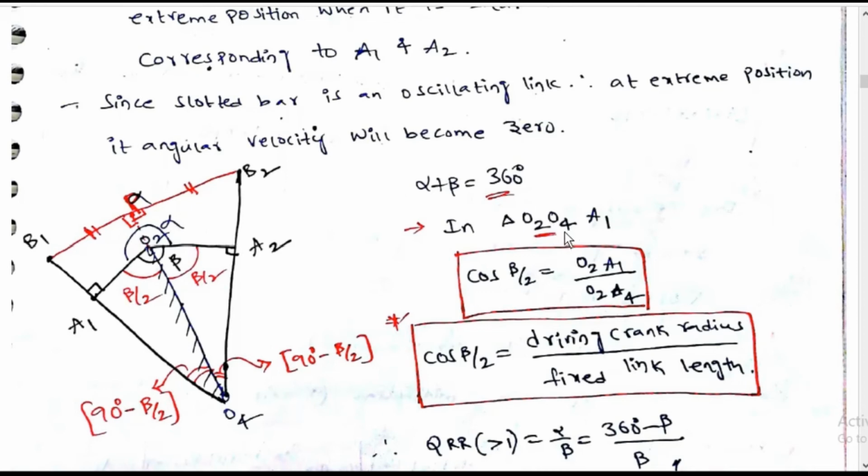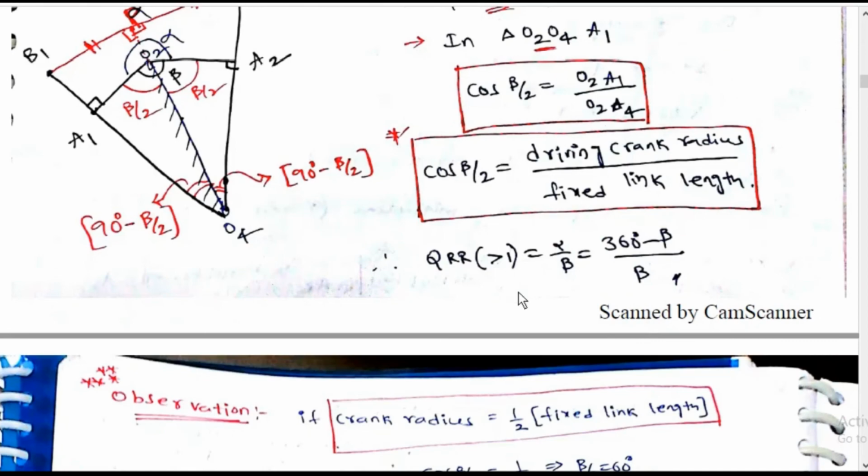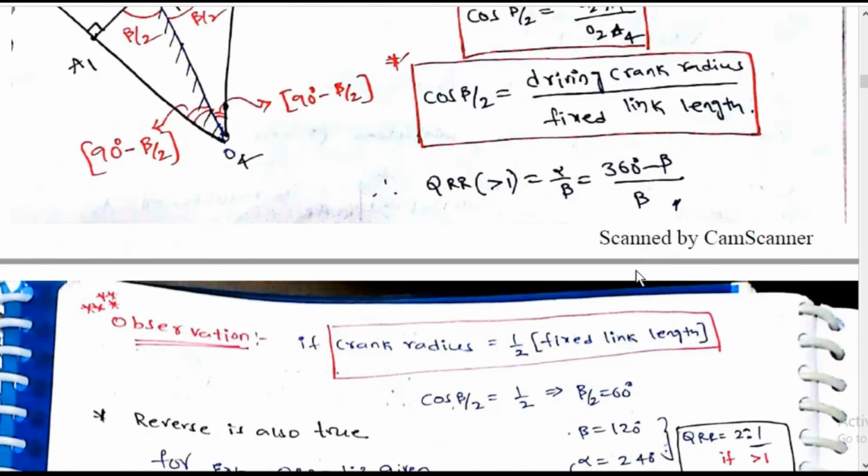In triangle O2 O4 A1, cos beta by 2 is equal to O2 A1 by O2 O4, as this is the hypotenuse. Cos beta by 2 is equal to driving crank radius by fixed link radius. QRR is equal to alpha by beta, which is 360 minus beta by beta.